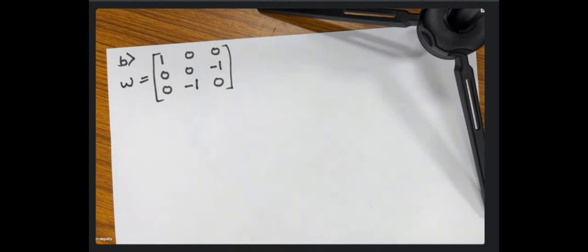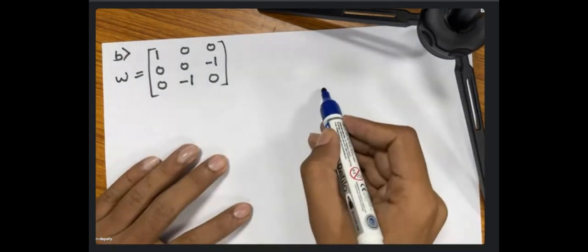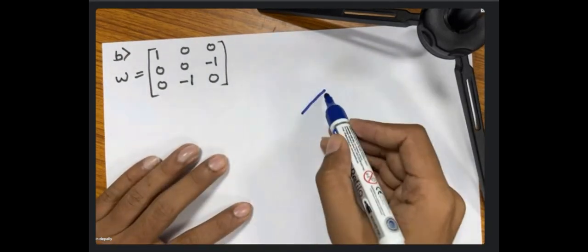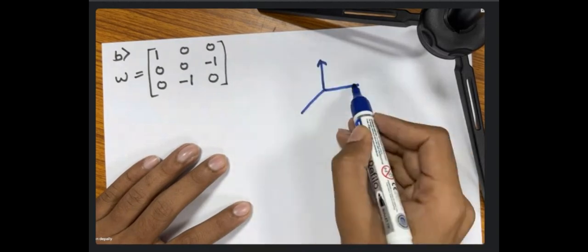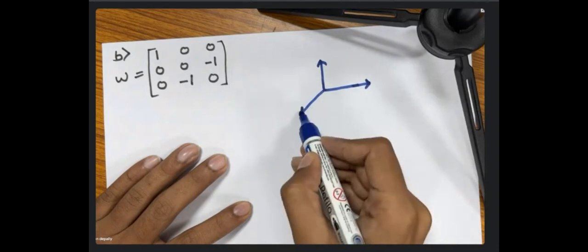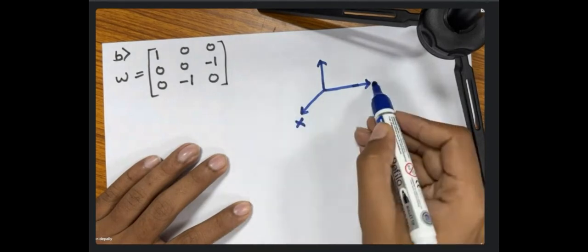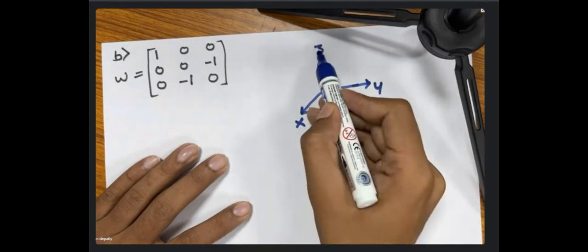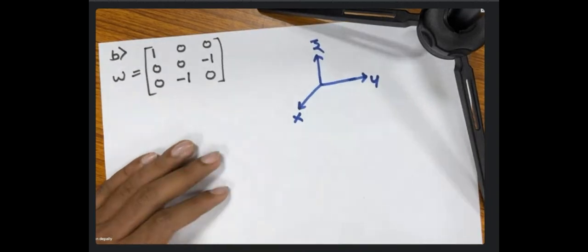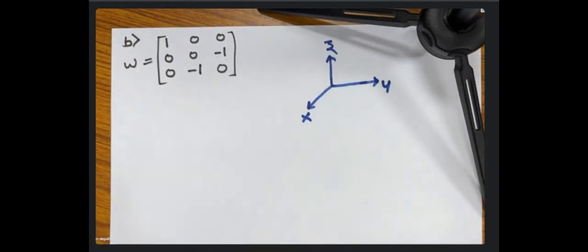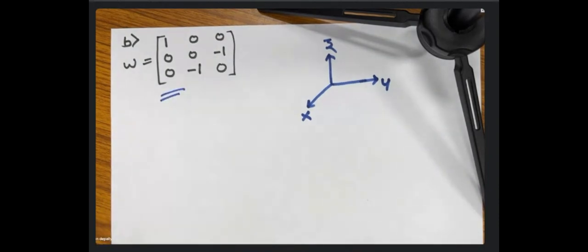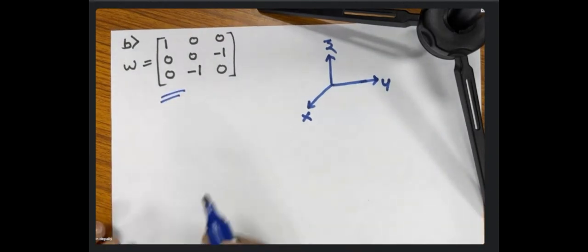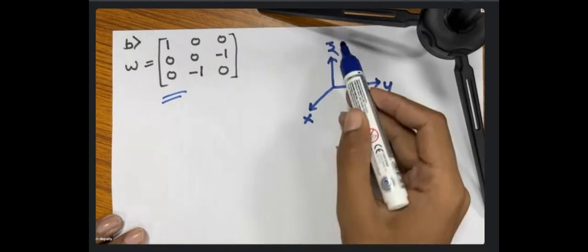Let's start with drawing our axes: X, Y, and Z. So this is the initial axis. Now, based on this particular symmetry transformation matrix, we'll comment on how our x is going to change, how our y is going to change, and how our z is going to change.